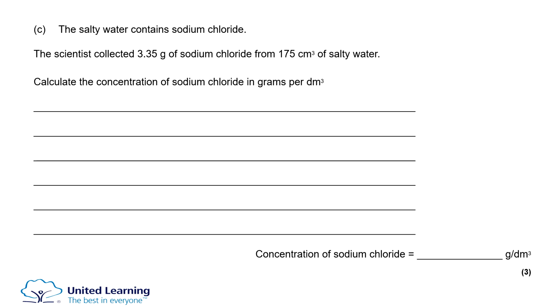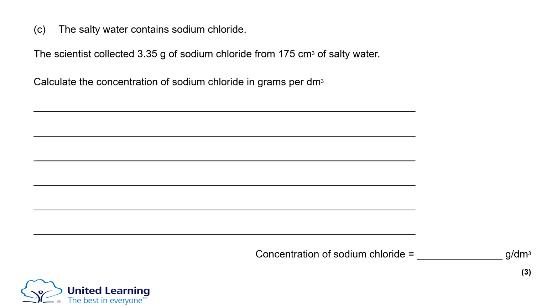So the first thing is, what is the formula that you need to use? And the specific equation for this is concentration equals the mass divided by the volume. Just like any other kind of calculation like this, we're going to use the EVERY method. So make sure you start off by boxing the question.